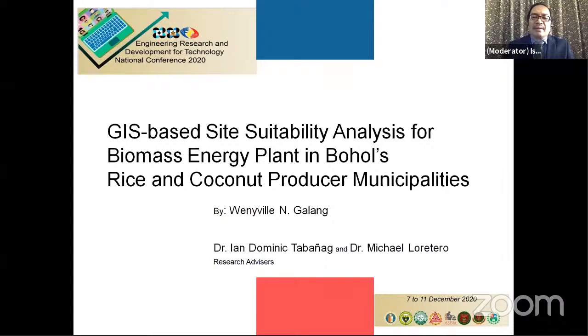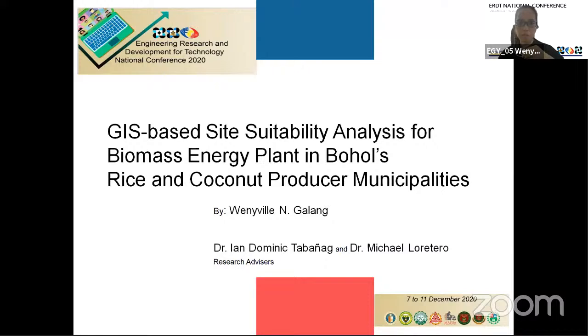First, this is from Dr. Al Tongco, and also the same question from Mr. Dave Pujadas. Should you include the location of major electrical transmission grids in Bohol as an additional criterion for site suitability of a large biomass plant? Do you think that is important to include?